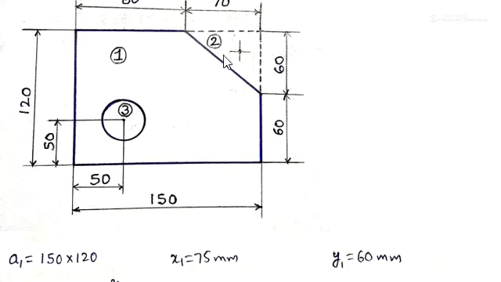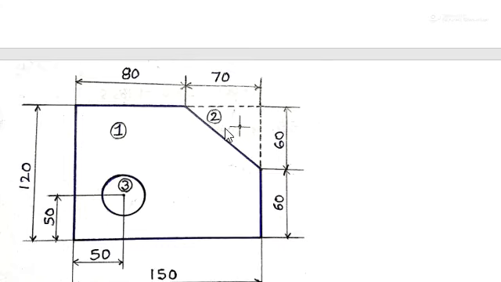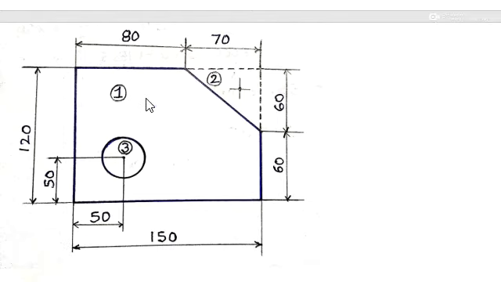In the same way, for x2, we have taken this triangle as the second area. So x2 means the distance of the centroid of this second area from the left side. That will be from this left edge to this point, the distance in the x direction. From here to here is 80, which is given in the question, and we require the distance from this point to this point.